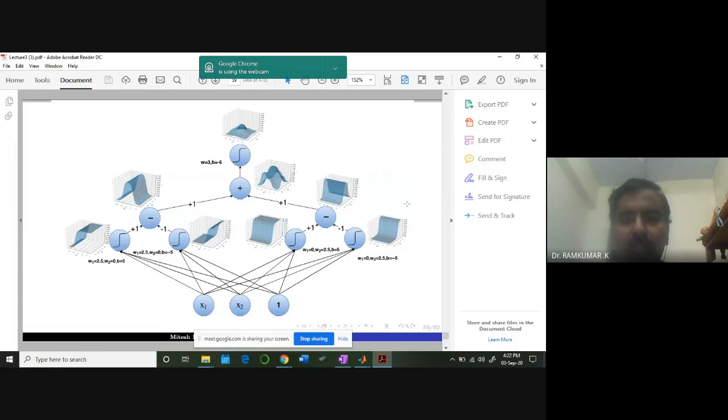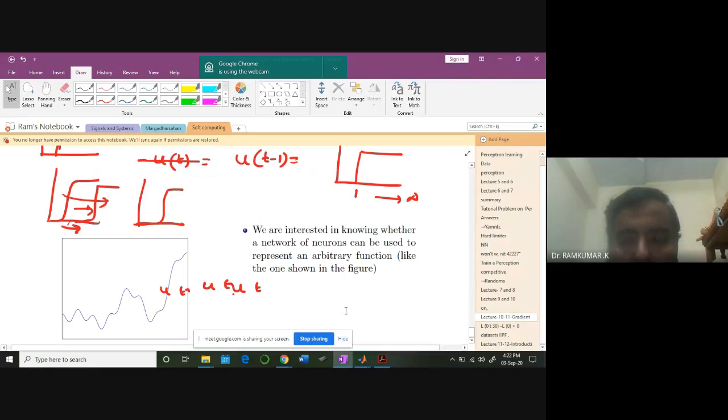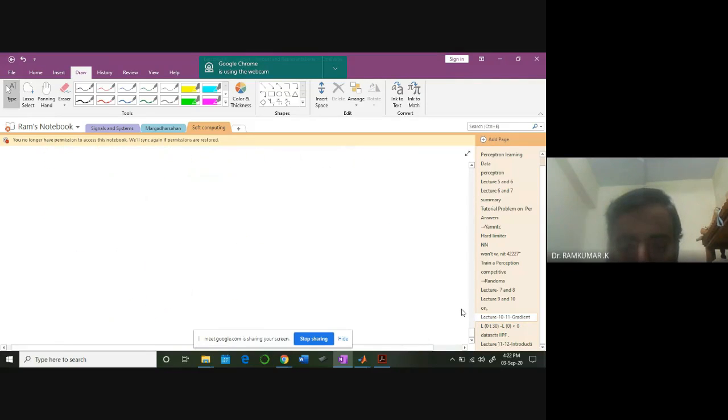So this is where we stopped in the last class. What does this diagram tell you? Can somebody put this diagram in words? You remember the classification power of neural networks? For example, some complex data.